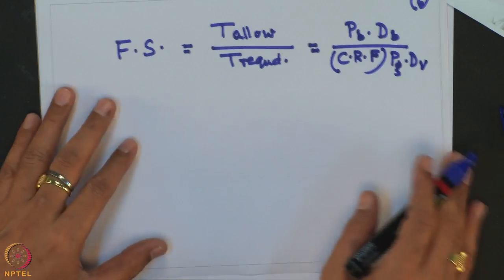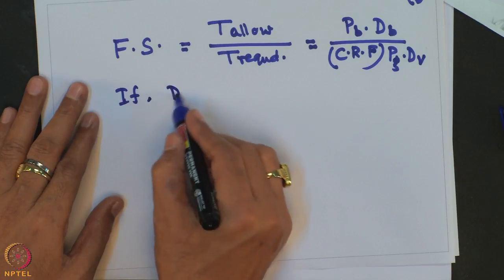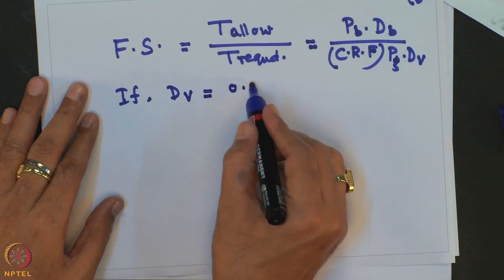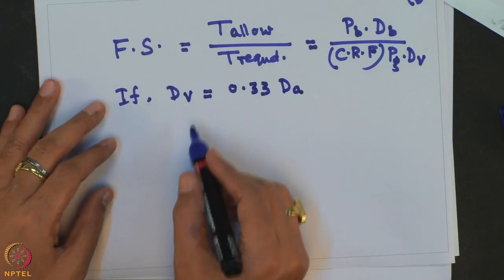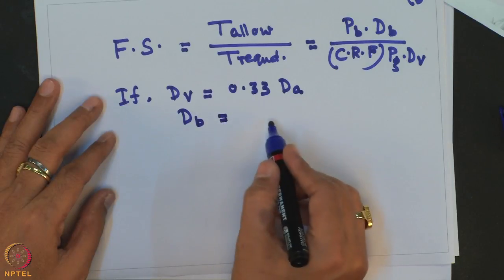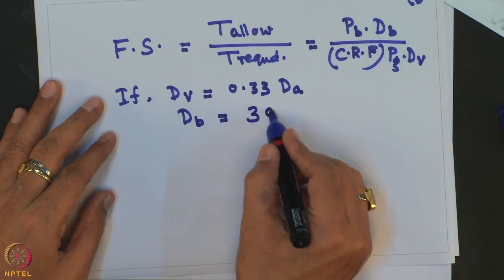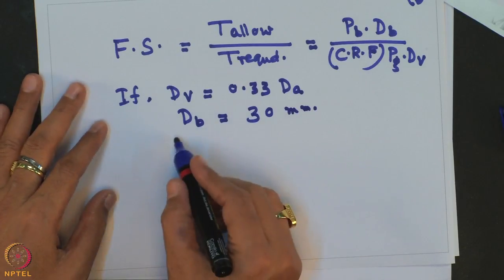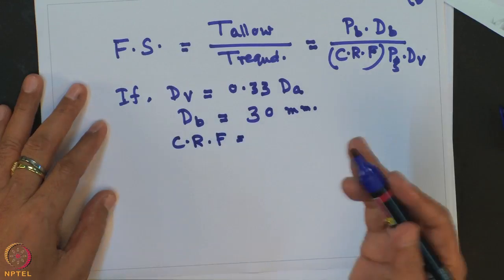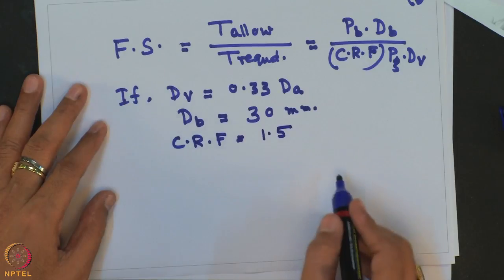For example, if d_V, the diameter of the burst equipment, is known, I mentioned that d_V is equal to 0.33 times D_A, and D_B is equal to 30 millimeter, which is the diameter of the burst equipment, and CRF, the cumulative reduction factor, is equal to 1.5.